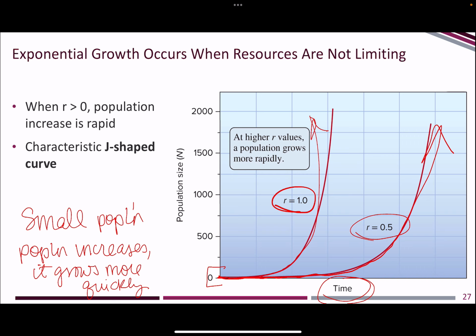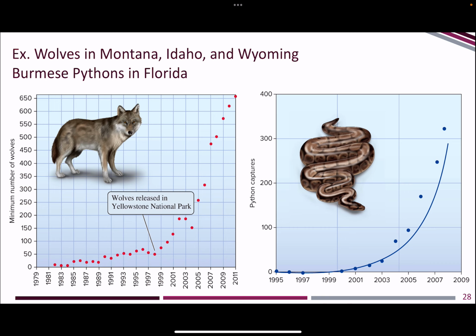When we see an exponential growth curve, we are going to expect to see a J-shaped curve. If exponential growth rate's happening, we're probably going to see that J, even just for a short period of time.